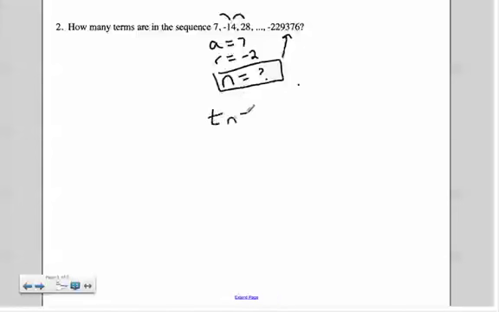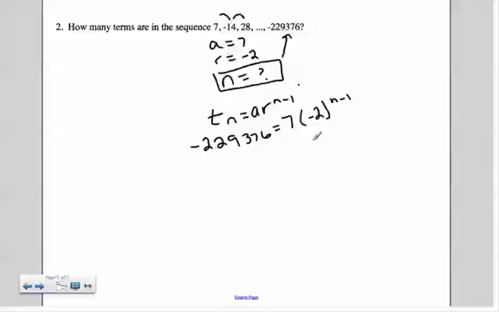Because this is geometric, I'm going to start with my formula. -229,376 is the answer. It's the term when a is 7, r is -2, and I'm not sure what n is at this point.